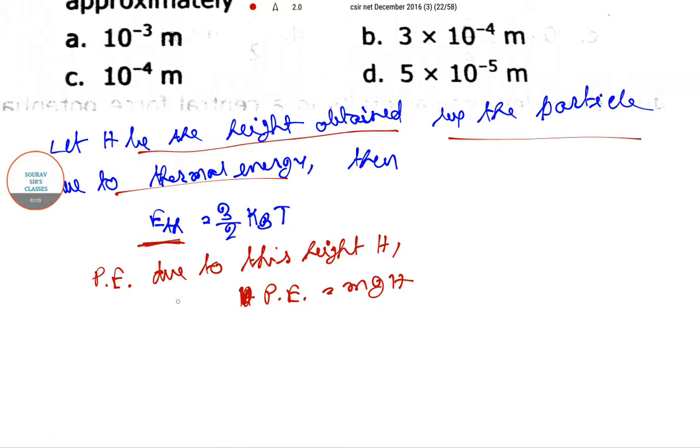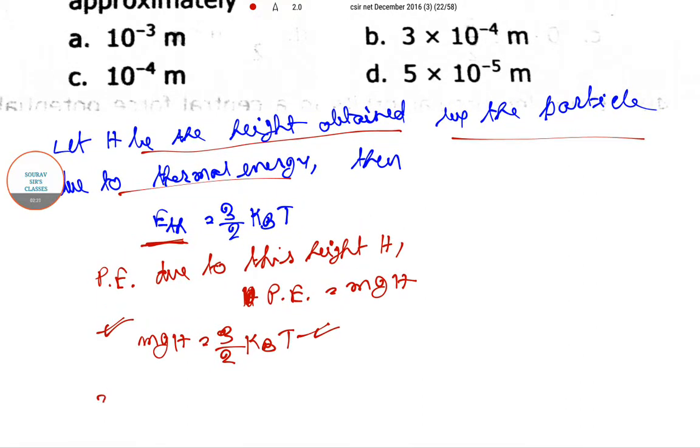This is kinetic energy. So this mgh is equal to 3/2 kBT. This potential energy is equal to this thermal energy.